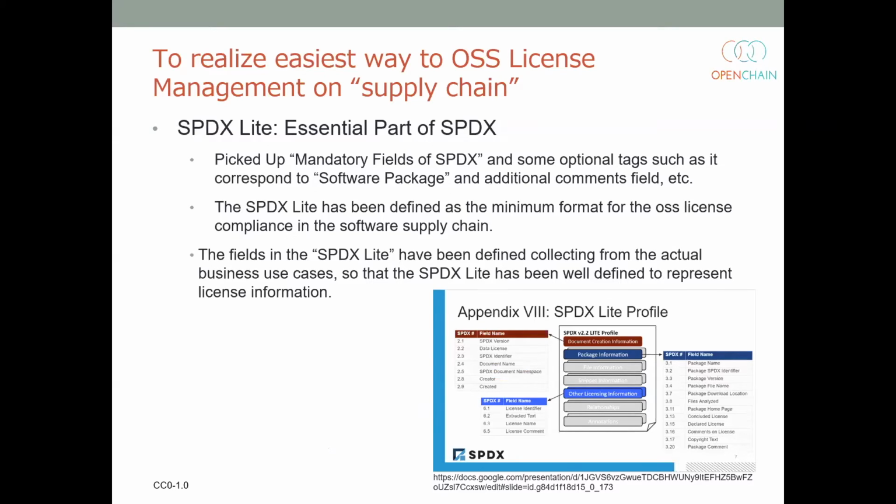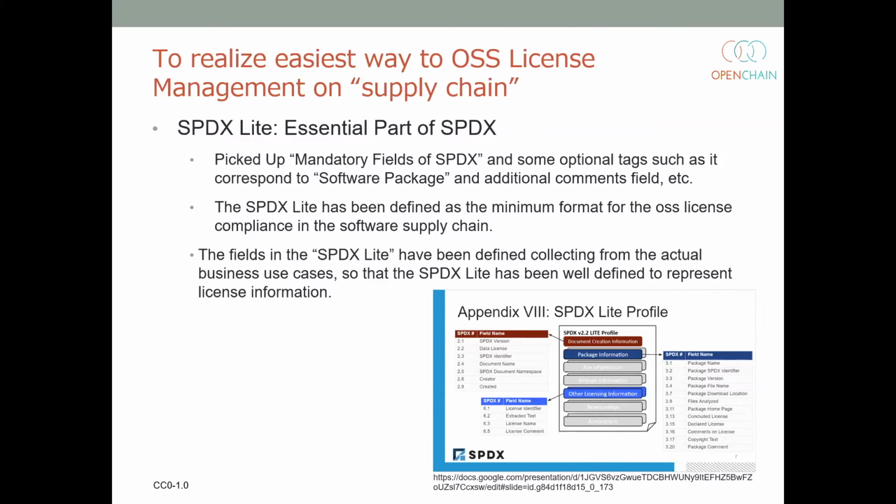So our sub-working group decided to utilize the essential part of the SPDX to realize the easiest way of OSS and proprietary license management on the supply chain. We picked up the mandatory fields of the SPDX at first.